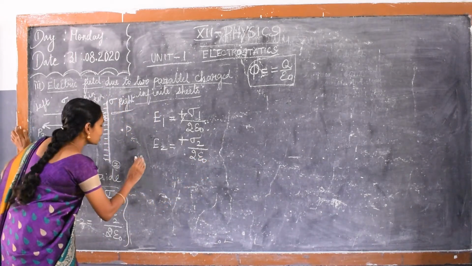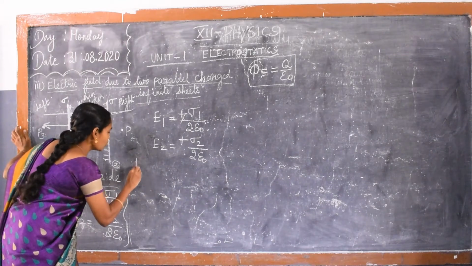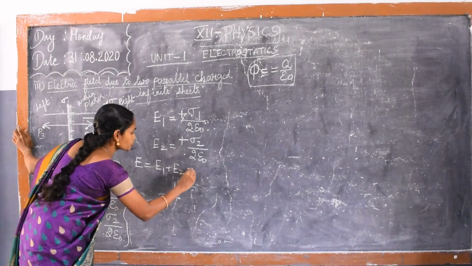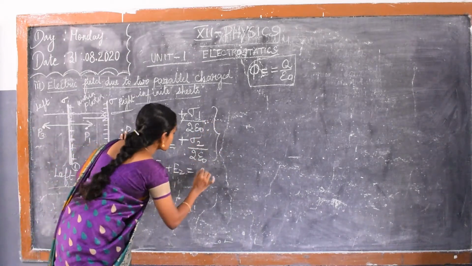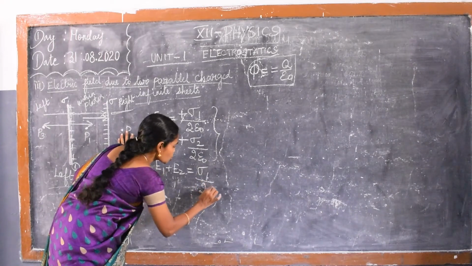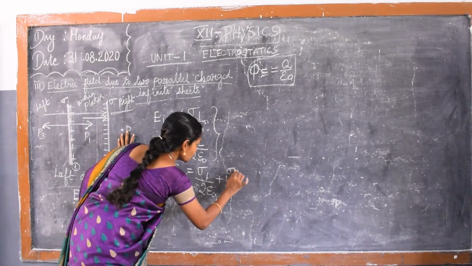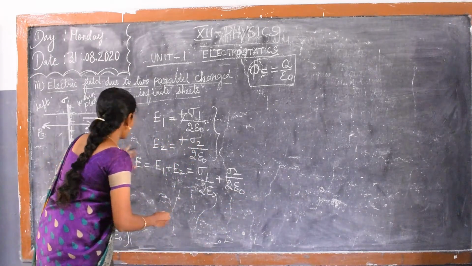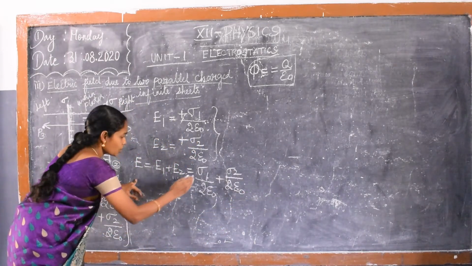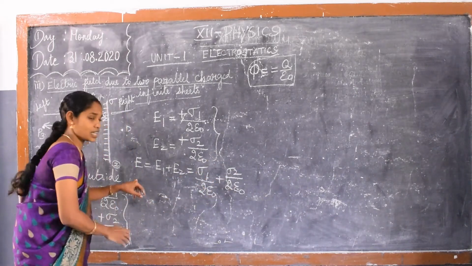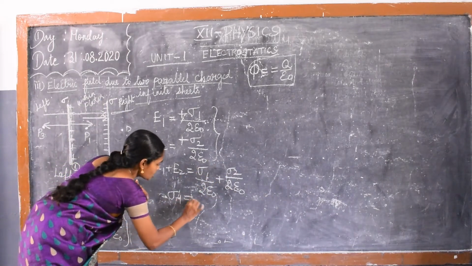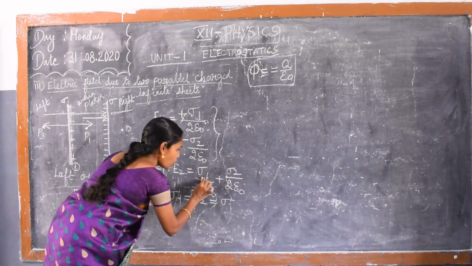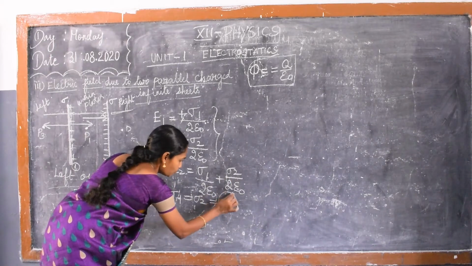Okay, now we will calculate the net electric field. Capital E is equal to E1 plus E2. So add these two terms: sigma 1 divided by 2 epsilon naught plus sigma 2 divided by 2 epsilon naught. Okay, now we are applying the condition. What is the condition? Suppose the charge densities are same, that is sigma 1 is equal to sigma 2, which is equal to sigma. Instead of sigma 1 and sigma 2, we simply put sigma.